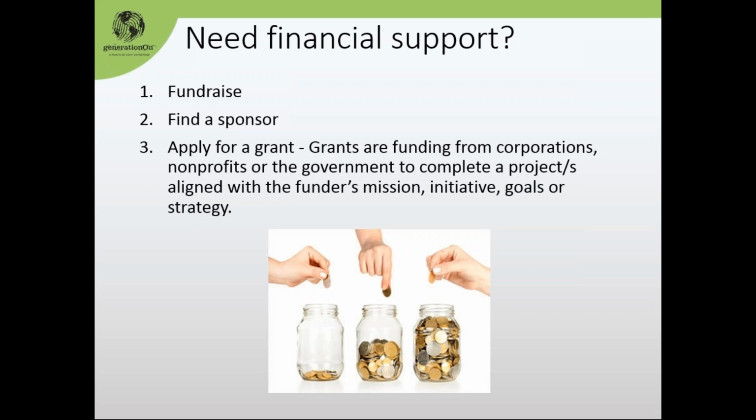So C&S Wholesale Grocers gave us money and are saying, we have this lump sum that we want to give to you so that you can administer it to youth in the United States so that they can complete service projects addressing hunger. So C&S Wholesale Grocers is the corporate funder for us, and Generation On is acting as the grant administrator.